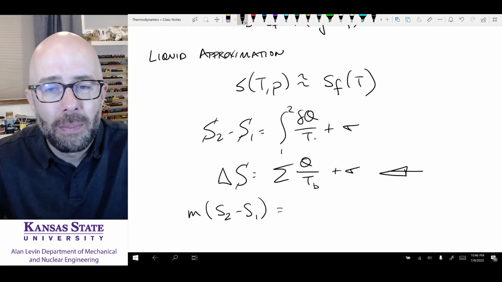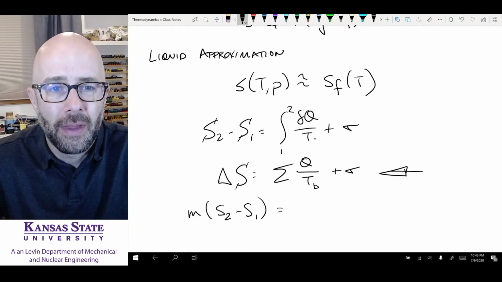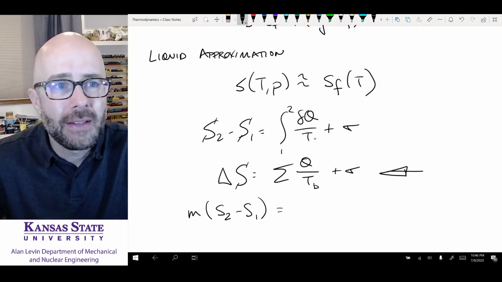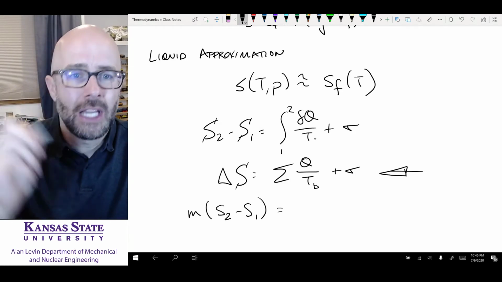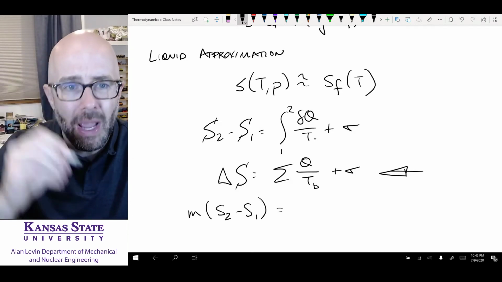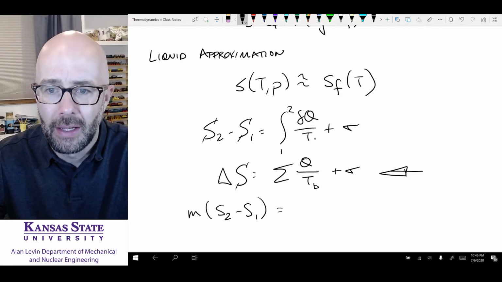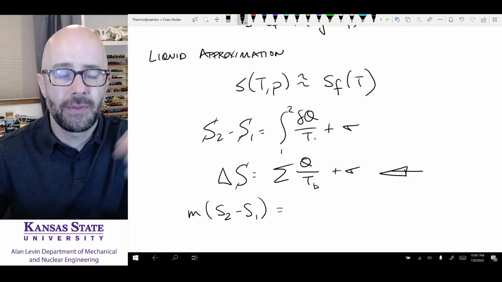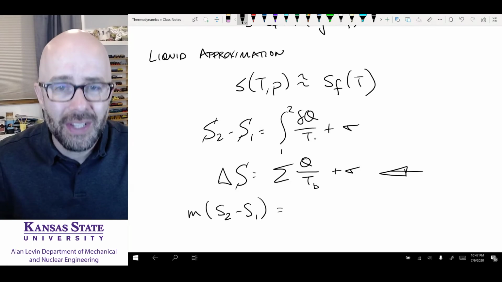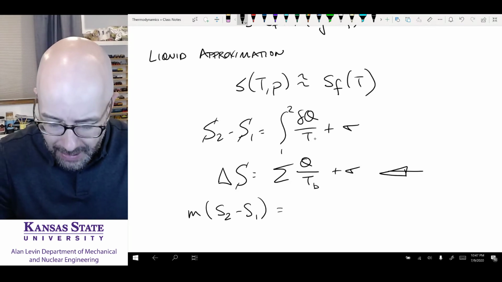And then I replace the integral with the summation, because we're not going to have a lot of systems with a varying heat transfer going through a varying boundary temperature. We're going to have a heat transfer crossing into our system at some temperature, and this is going to be the temperature of the boundary.